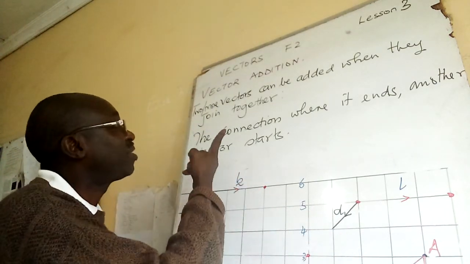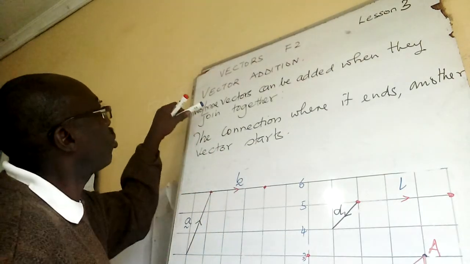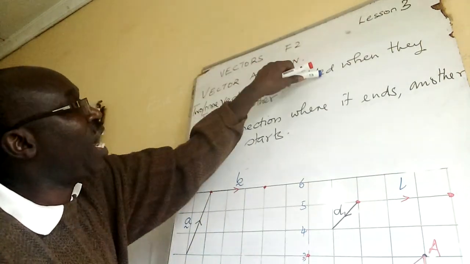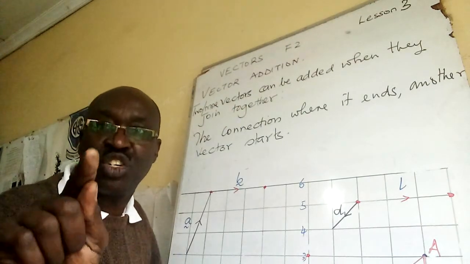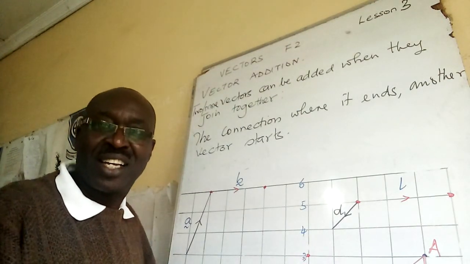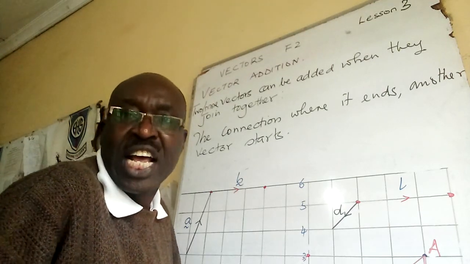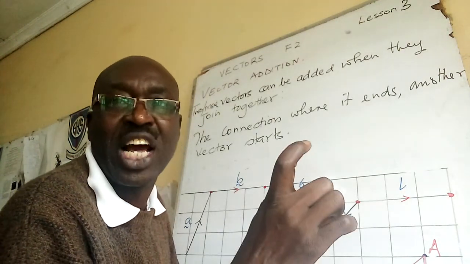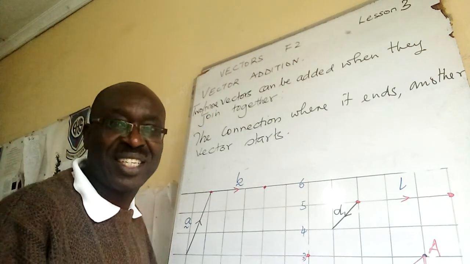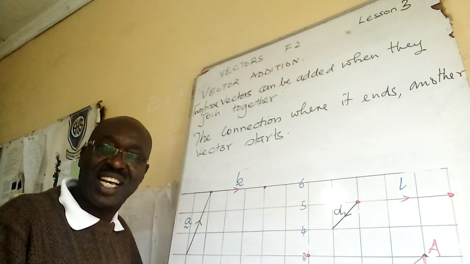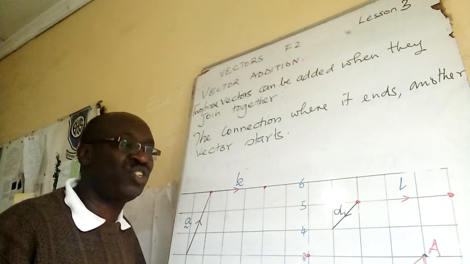It's simple as that. So 2 or more vectors can be added when they join together. That process of joining sets you off on another piece of movement. That is the essence of vector addition.